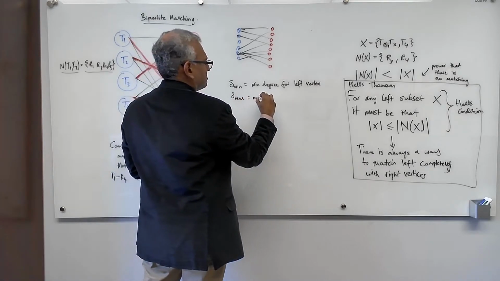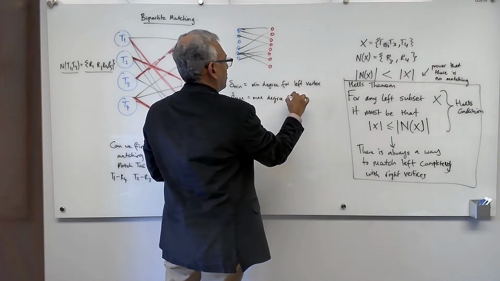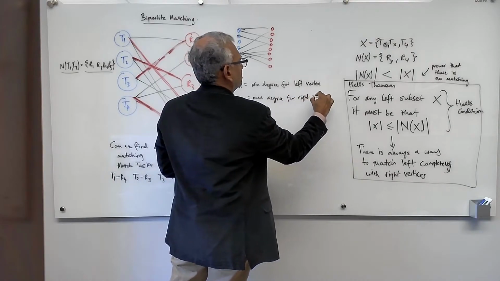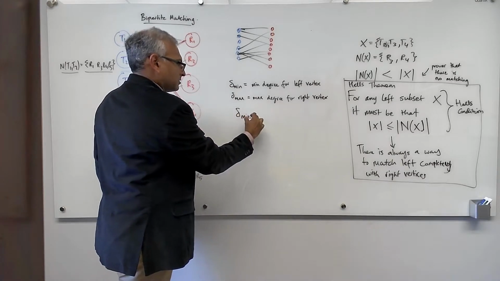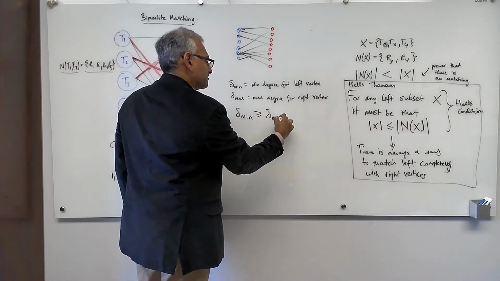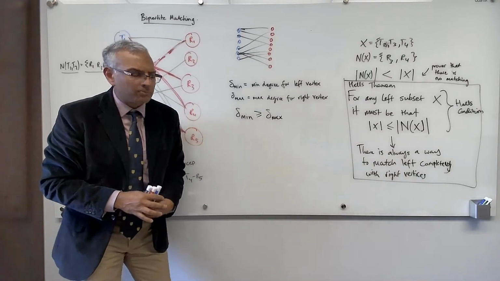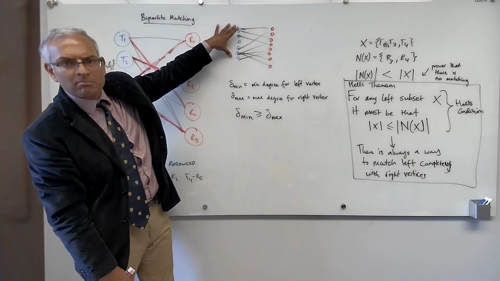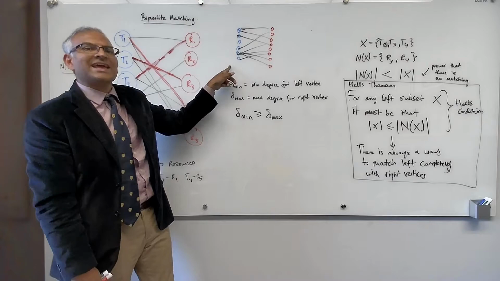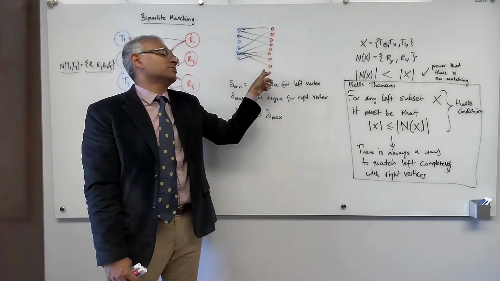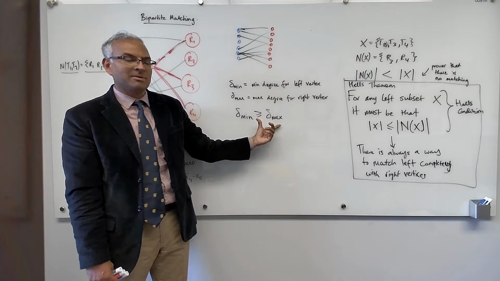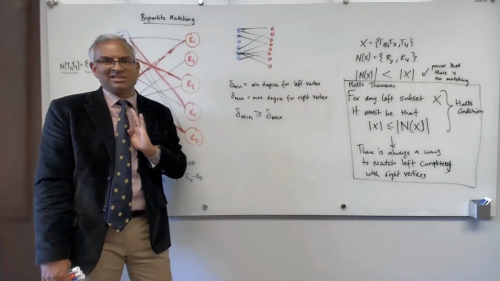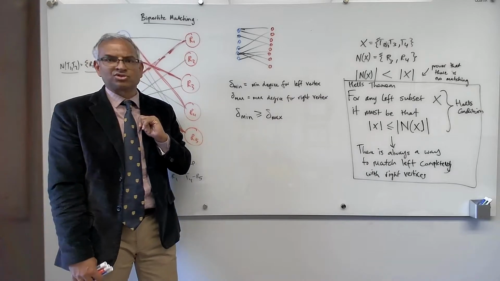It turns out that if delta min is greater or equal to delta max, so if the minimum degree for a left vertex is at least as large as the maximum degree for a right vertex, then Hall's condition is guaranteed. And we'll show that.